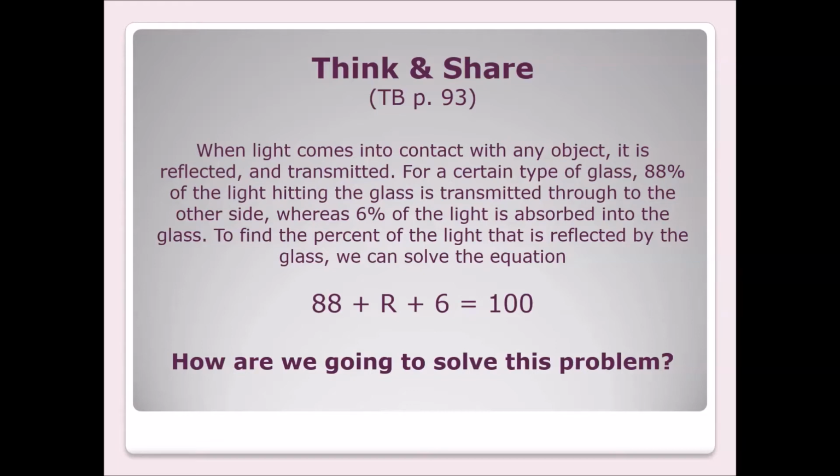To find the percent of the light that is reflected by the glass, we can solve the equation 88 + r + 6 = 100. How are you going to solve this problem? Go ahead, write down your solutions as comments below, and we'll get back to your solutions later.